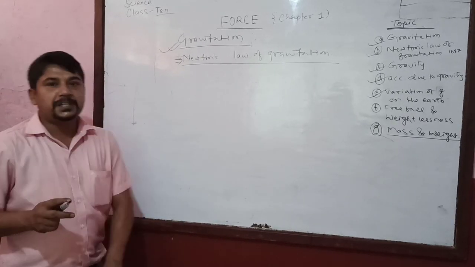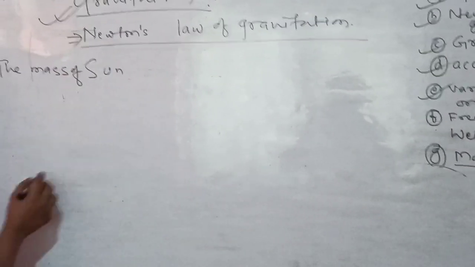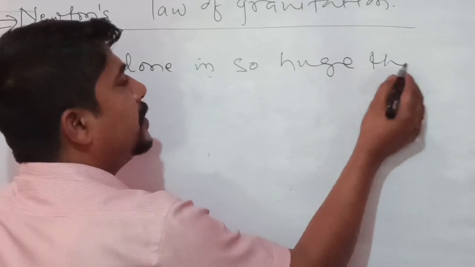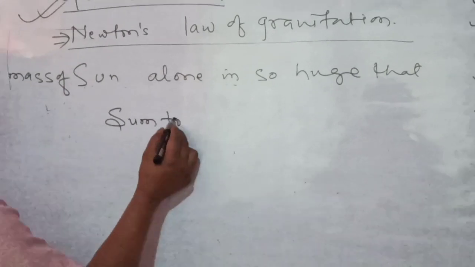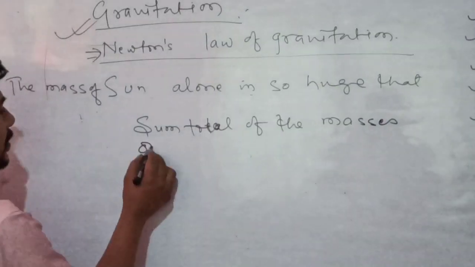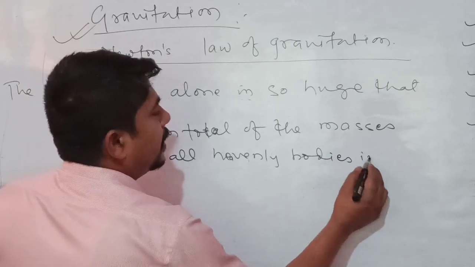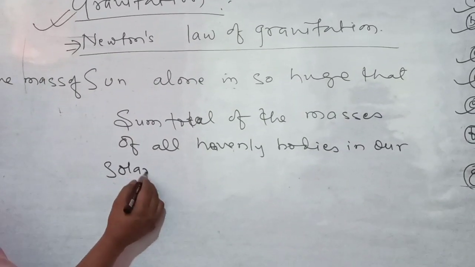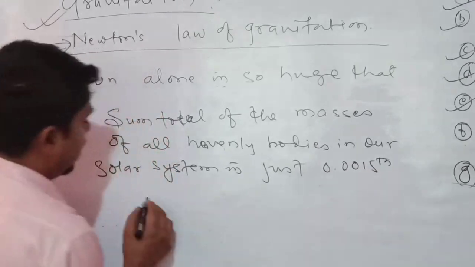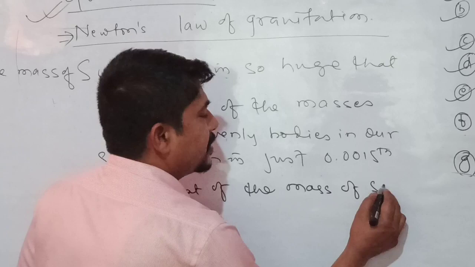You can see this, the mass of the sun alone is so huge that the sum total of the masses of all heavenly bodies in our solar system is just 0.001/5 of the mass of the sun.